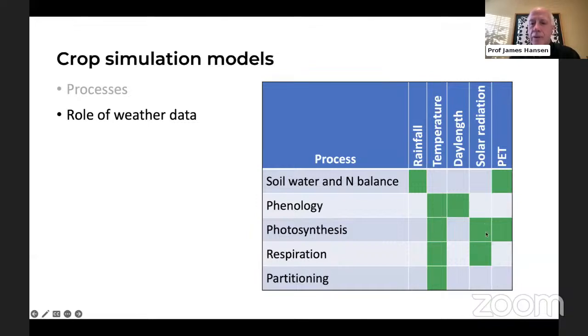Photosynthesis is driven by solar radiation, but is also influenced by temperature, potential evapotranspiration, and crop water stress, which involves an interaction with the soil water balance. Respiration is also determined in the daytime by solar radiation and temperature, at night, primarily temperature. Temperature also plays a significant role in partitioning how much of the biomass goes to stems, leaves, grain, roots.